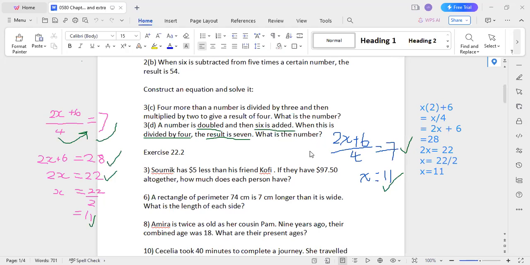So 2x, although you put the x bracket 2, plus 6 is equal to x over 4. 2x plus 6 equal to 28. All right, 2x is 22. I don't really get what the initial part here is. But let's take a look.